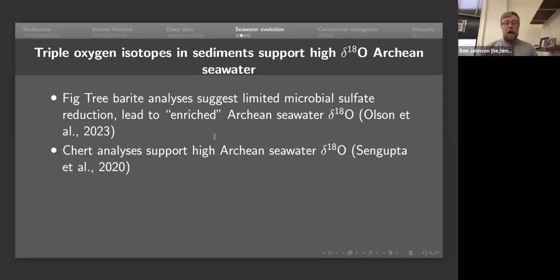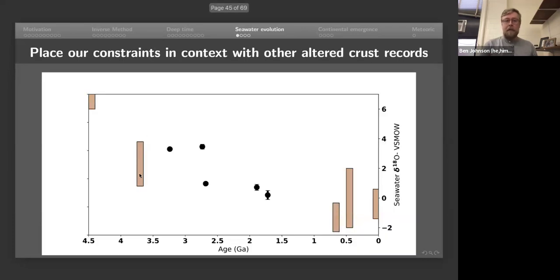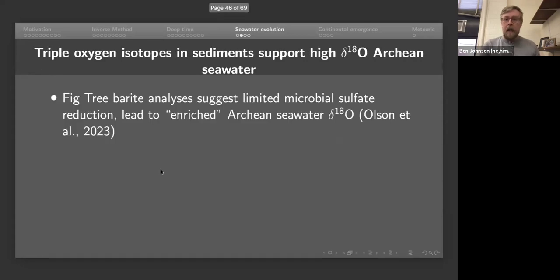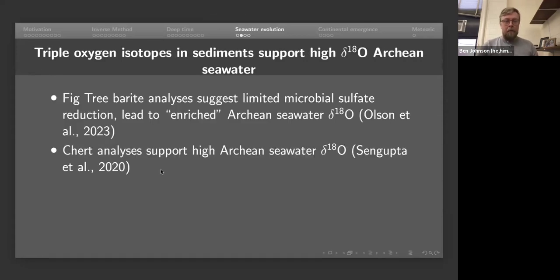But these data, if they're plotted on a cross plot between oxygen 17 and oxygen 18, are consistent with being formed from a fluid with a relatively high δ18O value, which could be Archean seawater. So we're not totally out to lunch here with our altered ocean crust or our hydrothermal setting estimates. We are consistent with some previous work on hydrothermally altered lithologies, as well as some newer measurements from the triple oxygen isotope community.